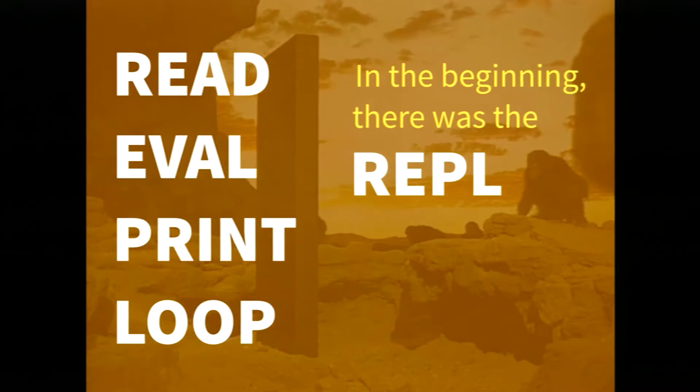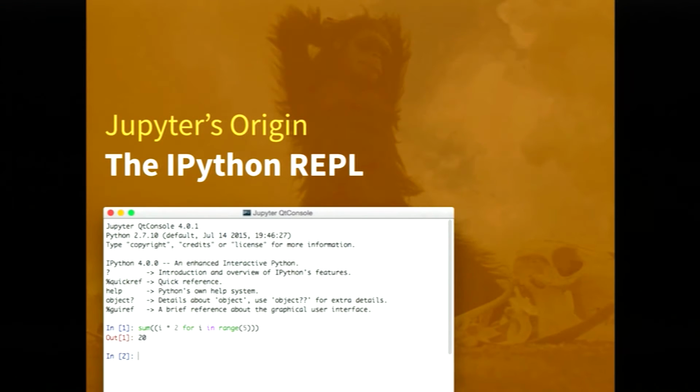So the REPL is a really great tool, and there was a project called IPython that sought to enhance the whole Python REPL experience. Jupyter has its origins in IPython, which produced this really great interactive Python REPL with a lot of advanced features and convenience mechanisms that simplified interactive Python hacking, if you will.